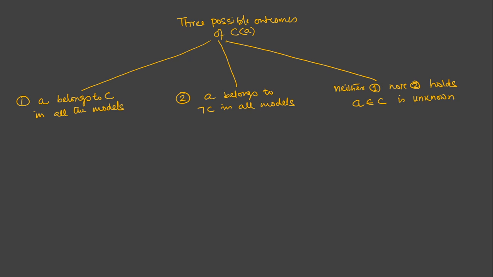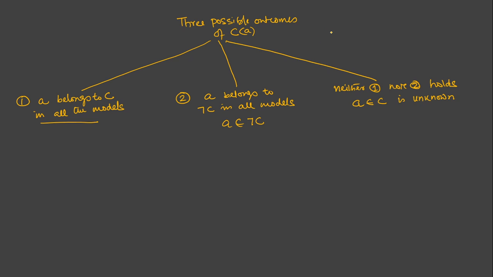So these are the three possible outcomes we can have. We know for sure that a is a member of C when a belongs to C happens for all the models, and we can say for sure that a does not belong to C if a belongs to not C in all the models. If neither 1 nor 2 holds, then we say that the state of a belongs to C is unknown.